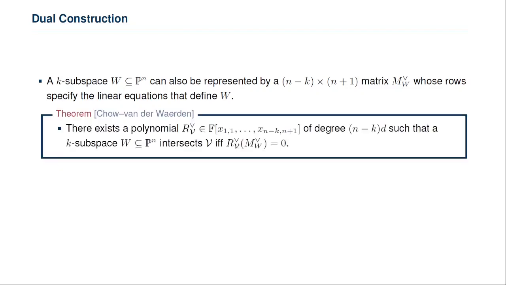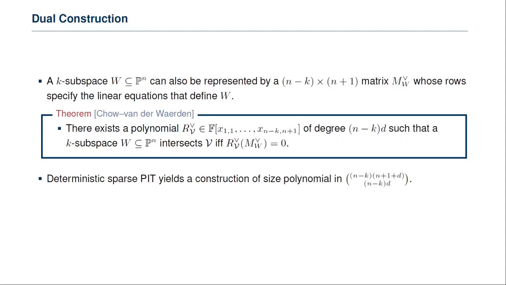Then the dual version of the Chow form vanishes at precisely the set of matrices corresponding to the k-subspaces that intersect the variety. And then similarly, we could use this dual version of the Chow form to give a construction of size that is polynomial in (n-k)(n+1) plus d, choose (n-k)d.